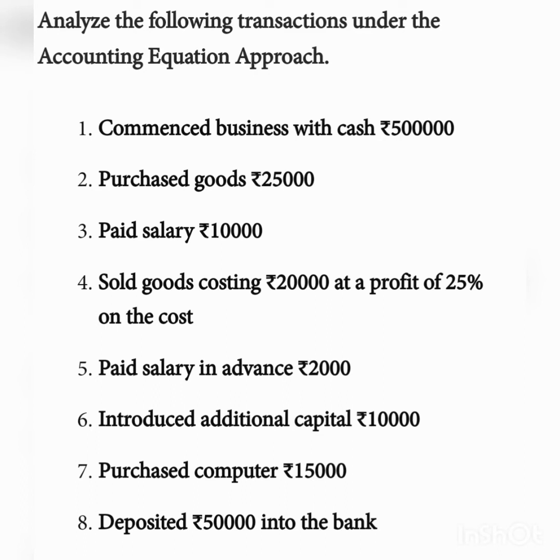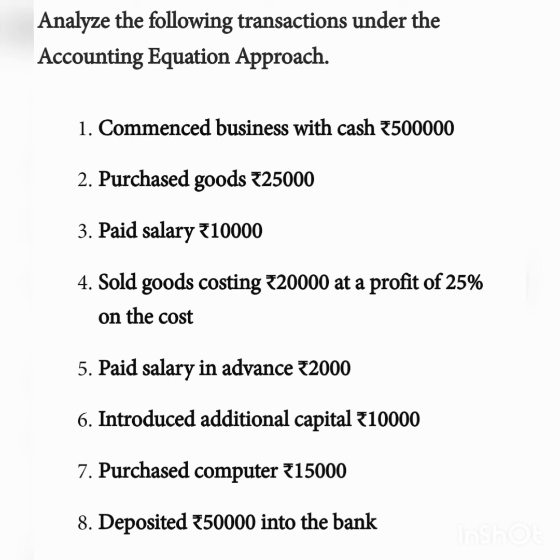After entering each and every transaction, we should calculate the total of each and every account. Here, after entering first transaction, there is a balance of 5 lakh rupees under cash column. Then after entering second transaction, that is purchase goods for rupees 25,000, we recorded a decrease of rupees 25,000.